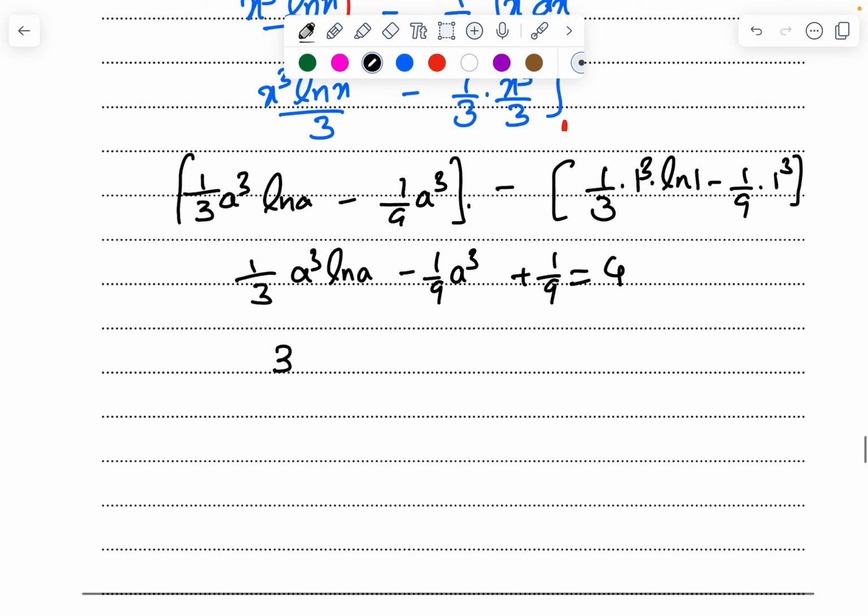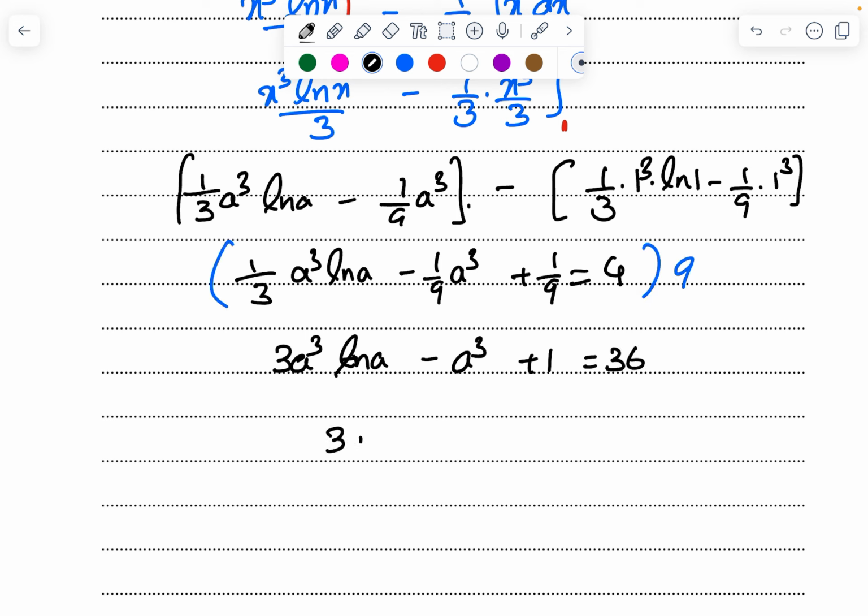So 3a cube ln a minus a cube plus 1 equals 36. How could I get that? Multiply by 9. So 3a cube ln a minus a cube equals 35. a cube common, 3 ln a minus 1 equals 35.